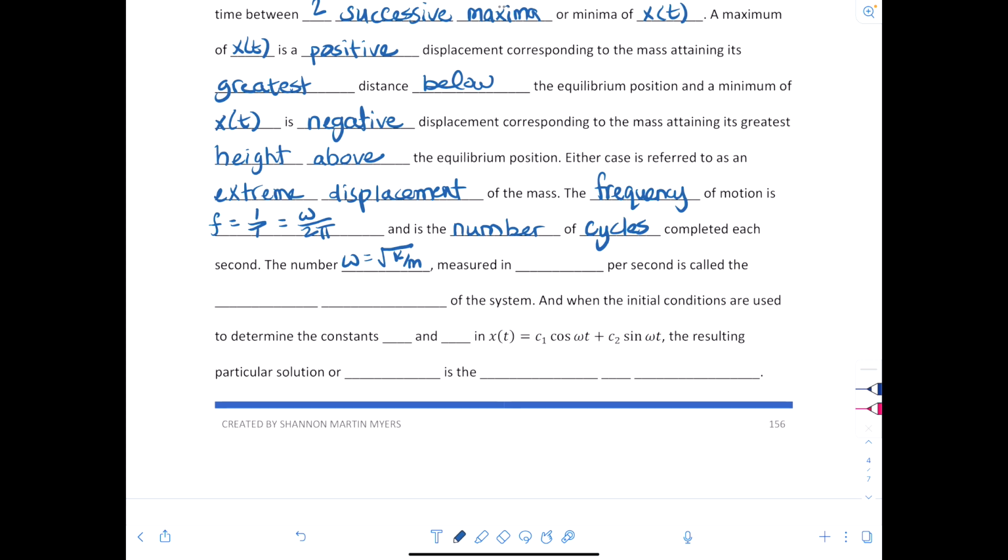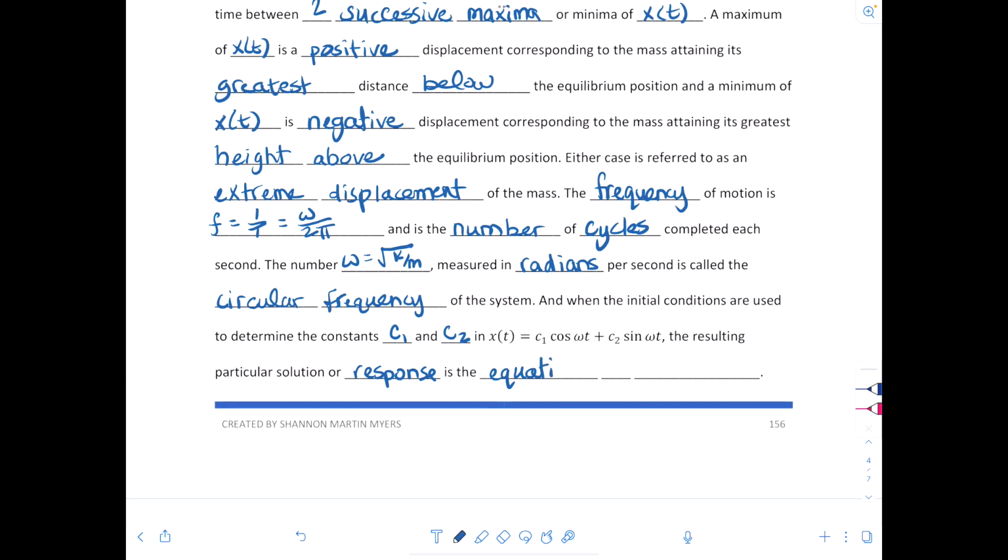And that's measured in radians per second, and is called the circular frequency of the system. And when the initial conditions are used to determine the constants C1 and C2 in that x of t that we just found, the resulting particular solution or response is the equation of motion.